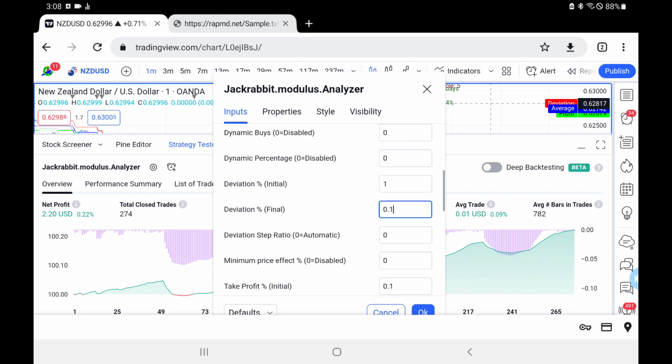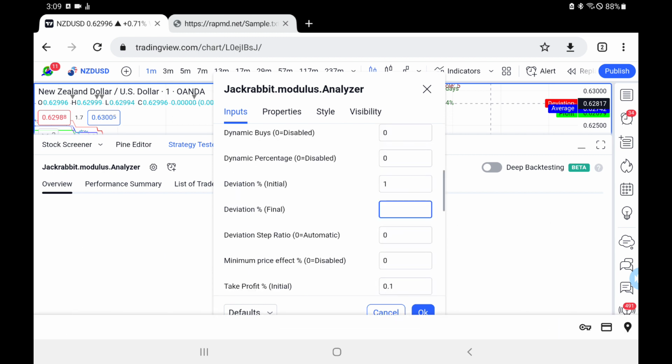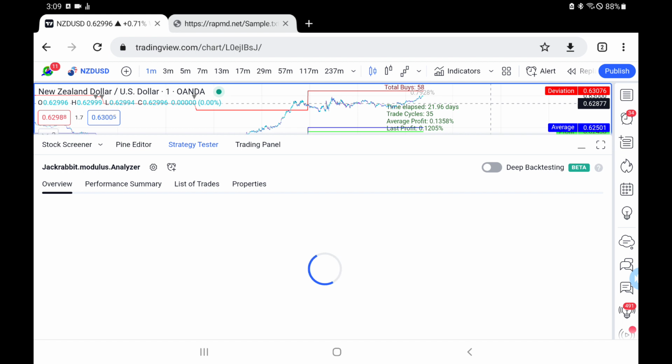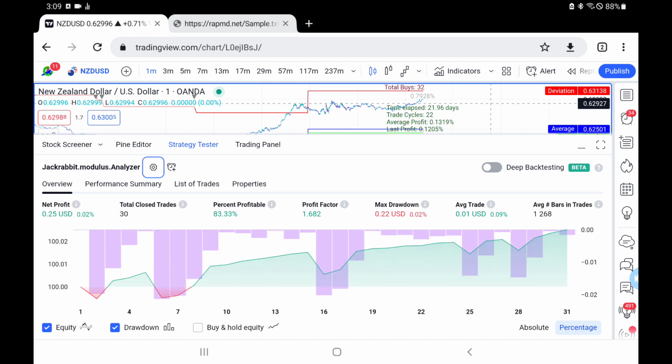Let's try a 1% deviation. And you will see immediately a very different type of system. You'll see different levels of drawdown, different levels of trade, different levels of accumulation.